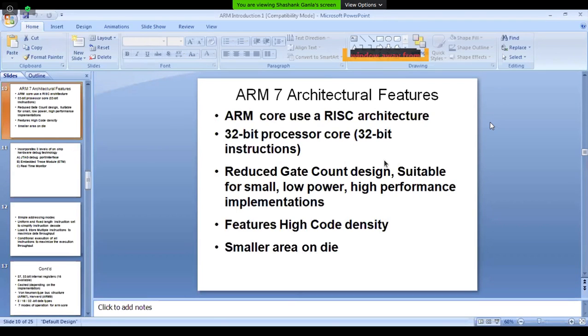So the total memory consumed is reduced compared to the same application written using ARM instructions. That means more instructions can be accommodated in a given space if the application is written using thumb instructions. We call this feature high code density. And the ARM architecture takes a very small area on the silicon wafer. This was a quick revision of this particular slide.